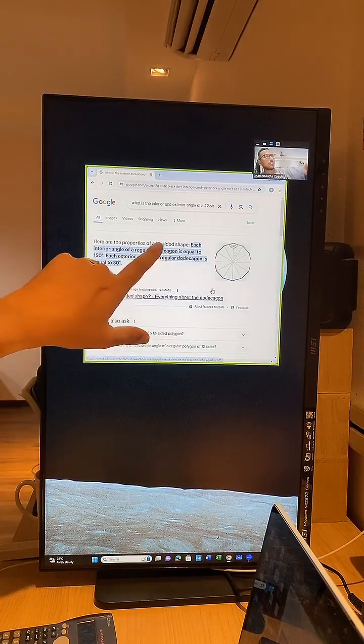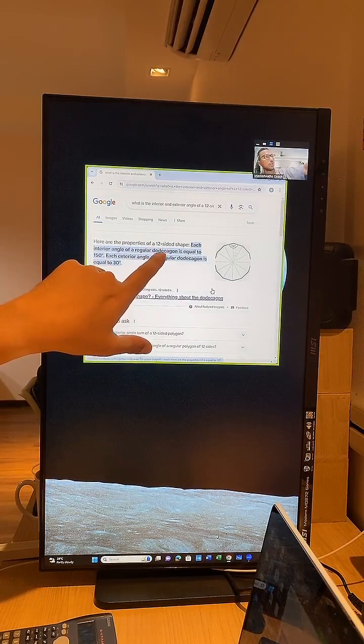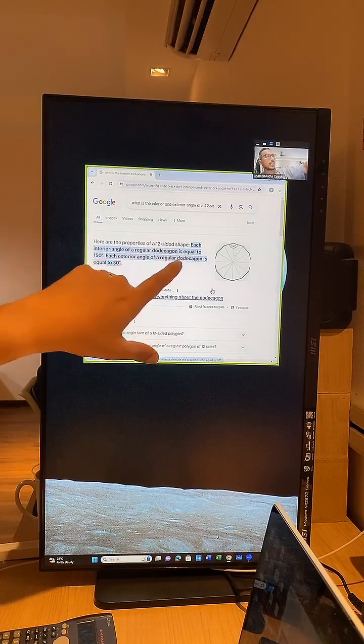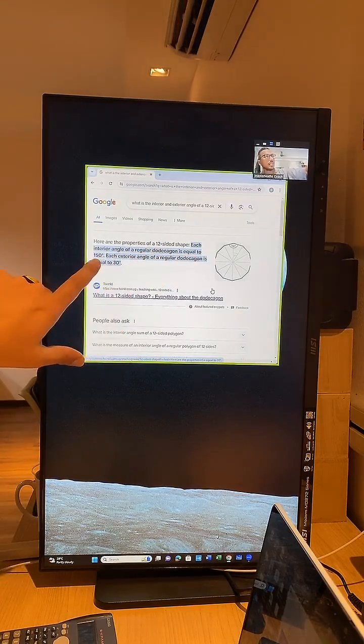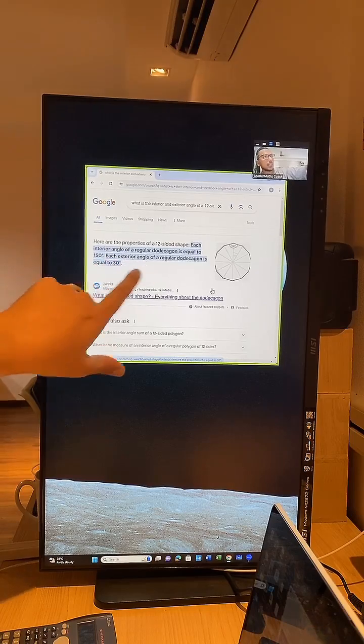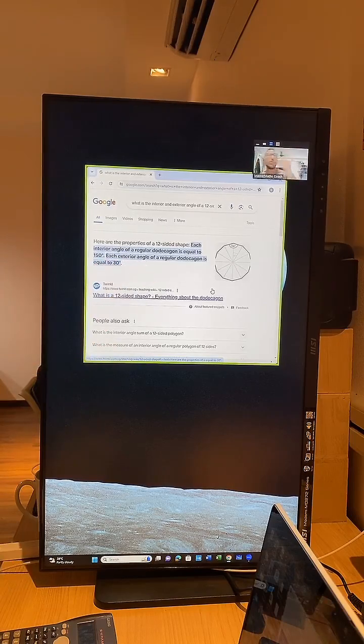So a 12-sided polygon is actually called a dodecagon. I don't know how to pronounce that. Each interior angle is equal to 150 degrees, and each exterior angle is 30 degrees. So one is 150 degrees, the other is 30 degrees. The ratio is 5:1. Okay, so let's stop the share.